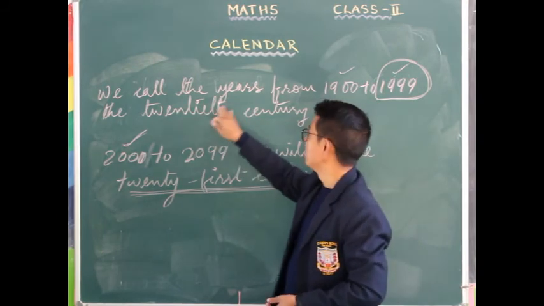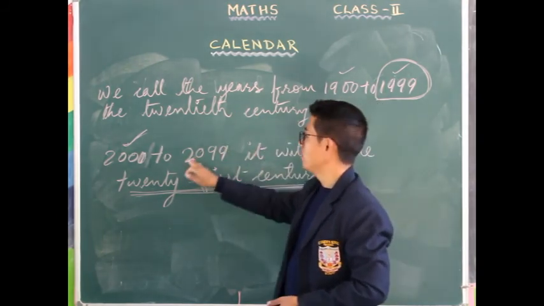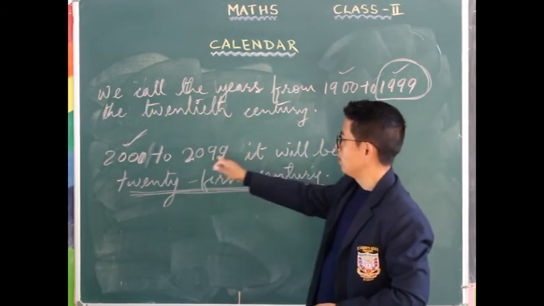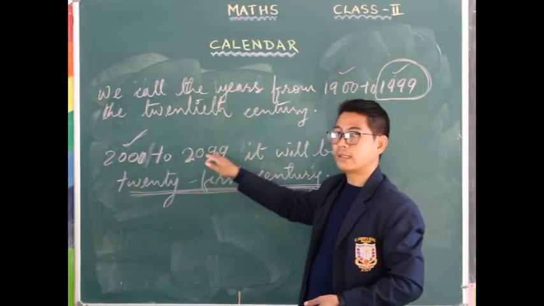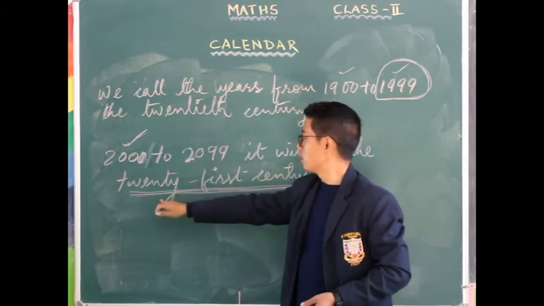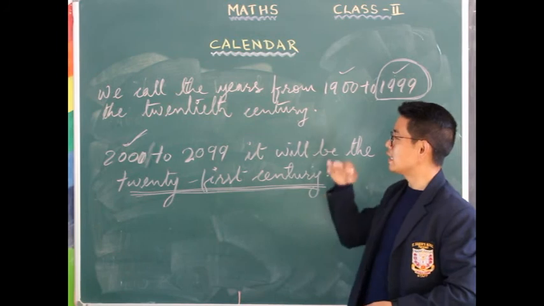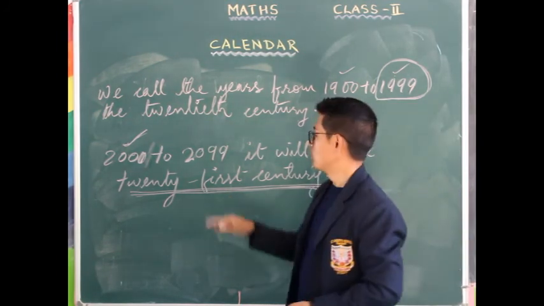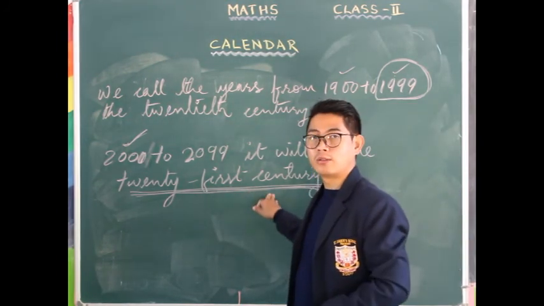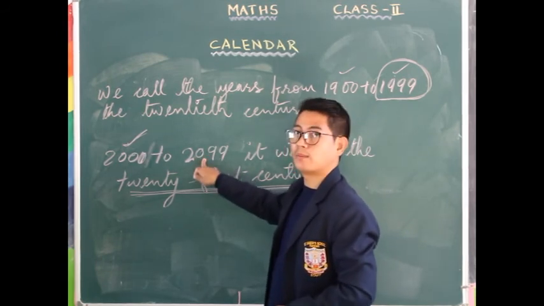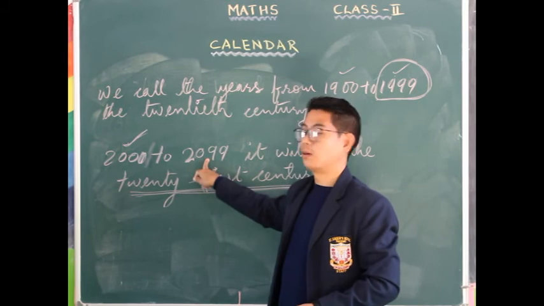From 2000 onwards till 2099, we say 21st century. So we are still living in the 21st century, till this number gets over.